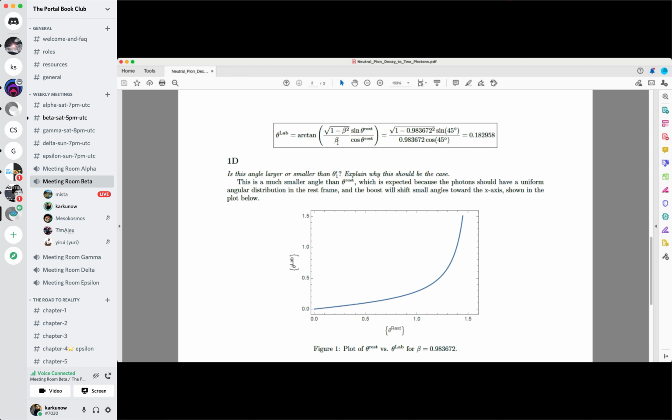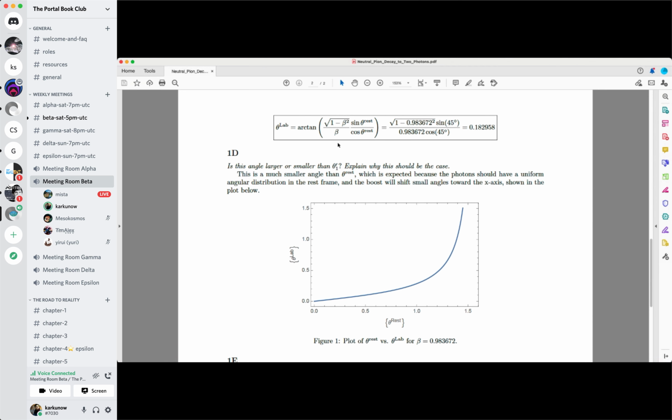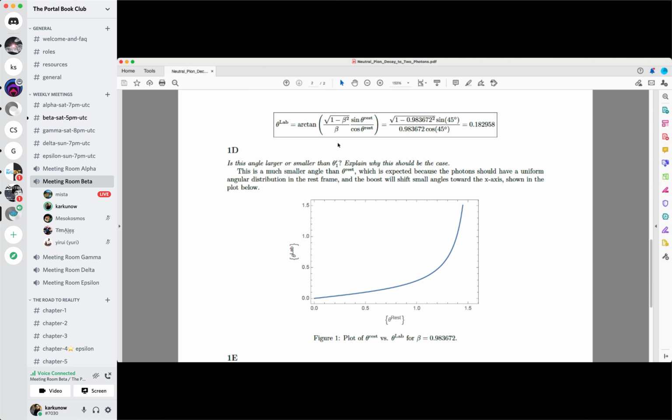I'm just trying to think out loud, what does it mean? Because any direction in the rest frame is kind of on the same footing, right? That means that we can have those big growing theta lab also. Yeah, definitely.